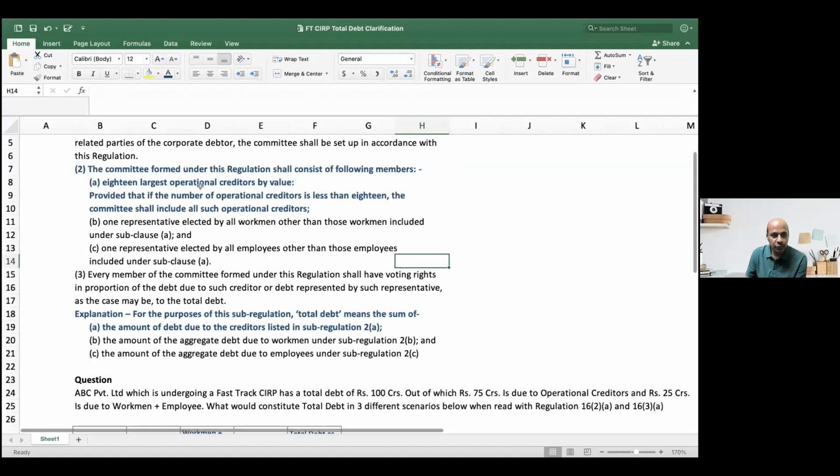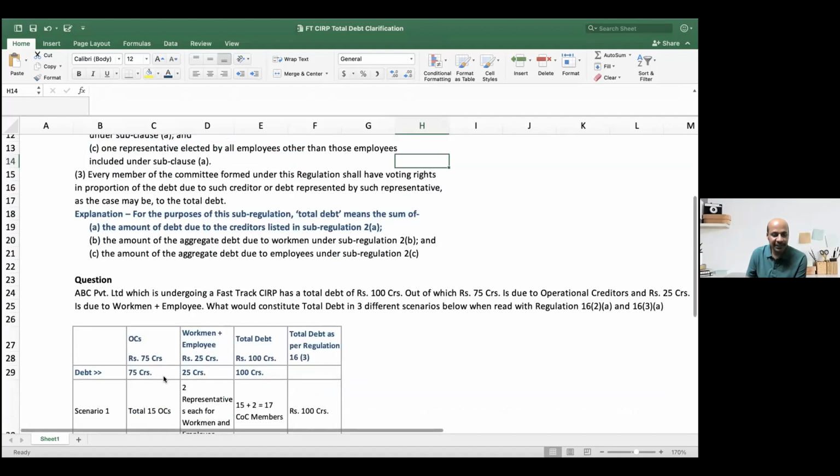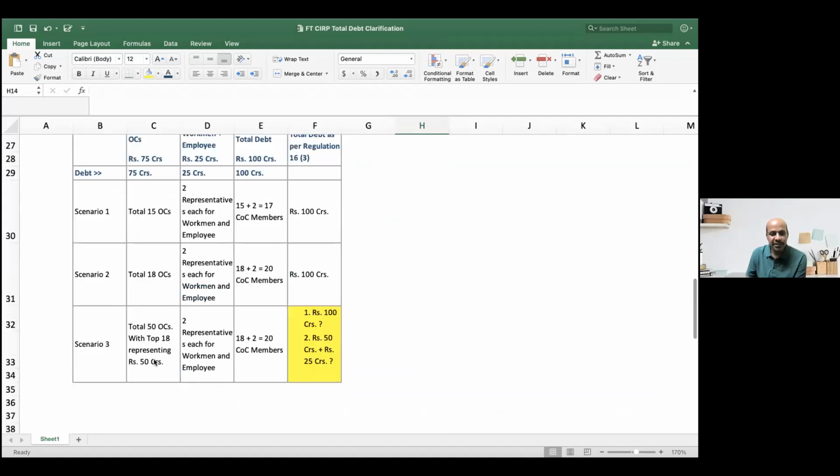If you go to sub-regulation 2A, it says 18 largest operational creditors by value, provided that if the number of operational creditors is less than 18, the committee shall include all such operational creditors. But in this scenario, the number is more than 18. So the question is, what about the debt relating to those 32 operational creditors, which are more than 18? Will that form part of total debt or not? That is the question. Is it clear, ma'am? Or maybe if you want, I can explain again.